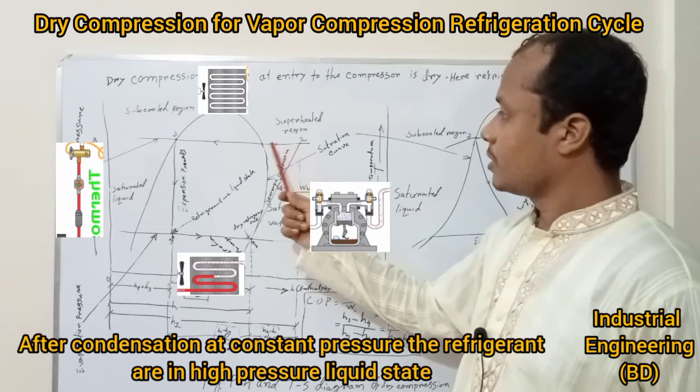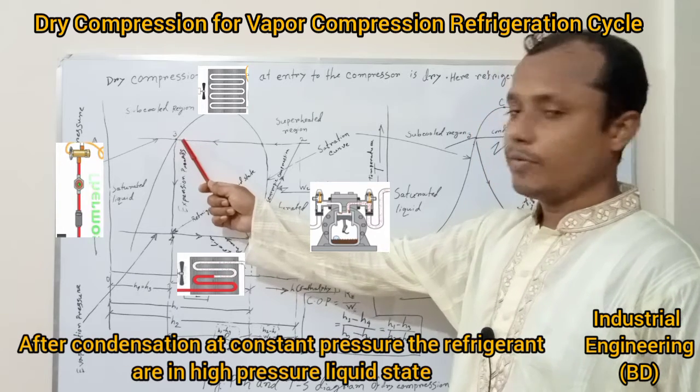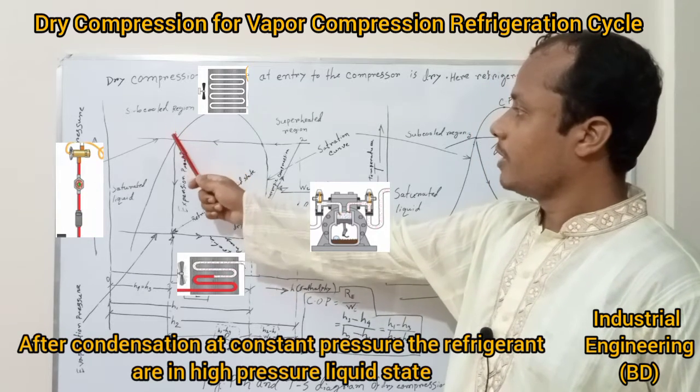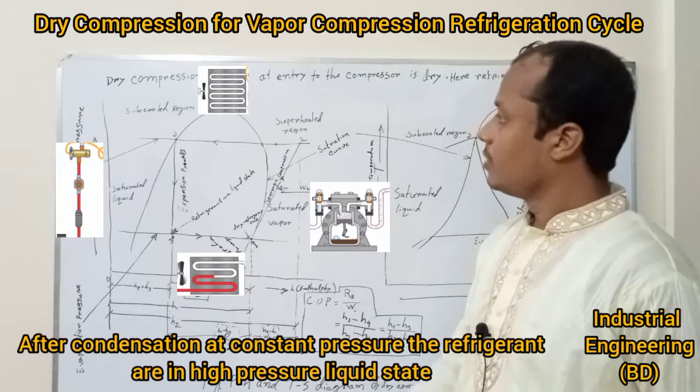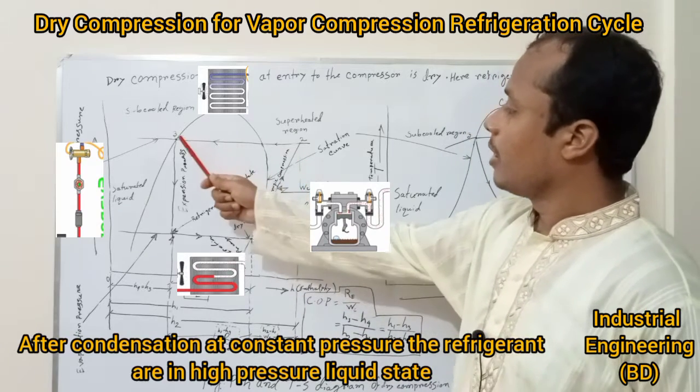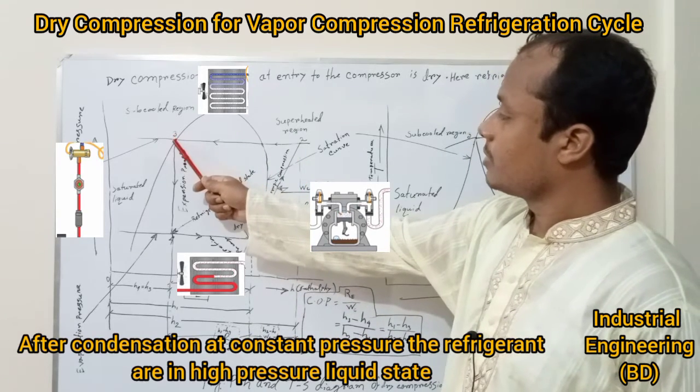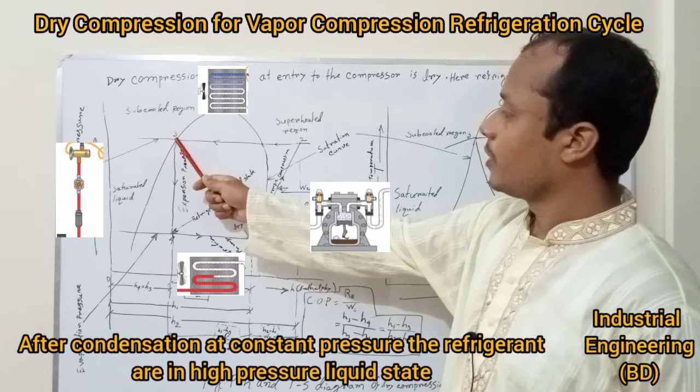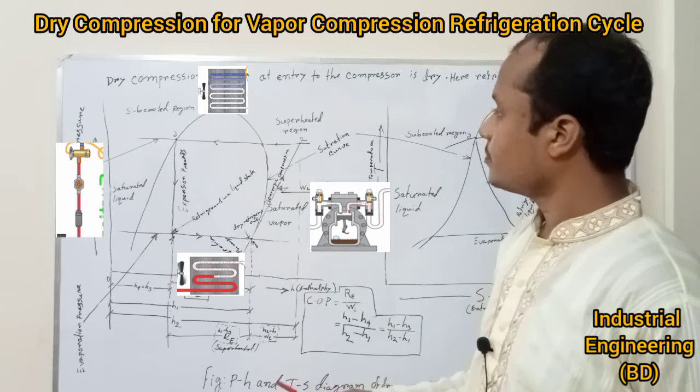And after the constant pressure condensation process, the vapor is converted to high pressure liquid state. So the high pressure liquid stays at this point 3 on this saturation curve.